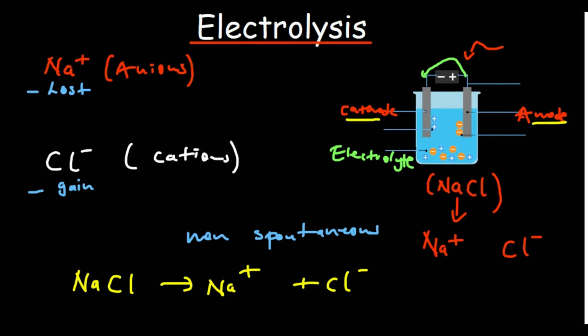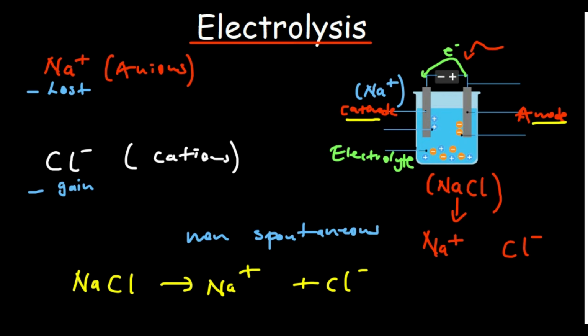Where do we have electrons flowing to? We know that electrons flow from the anode to the cathode. Therefore, the positive ions are going to be on the cathode, so that they can receive electrons coming from the other side, the anode.